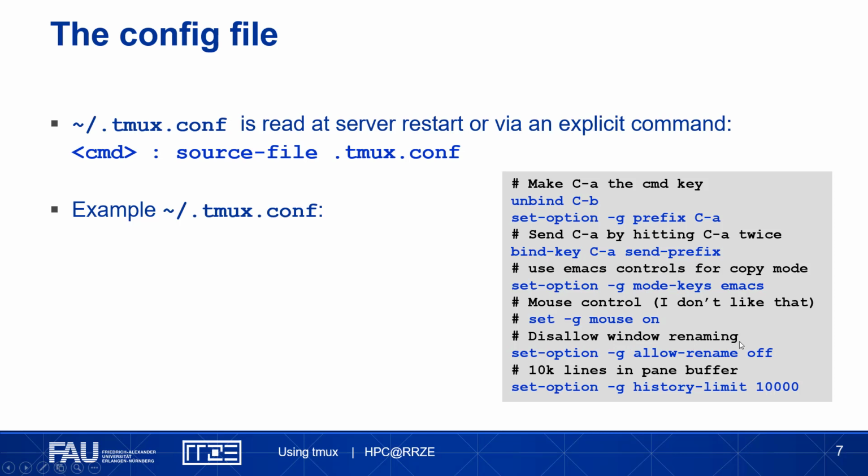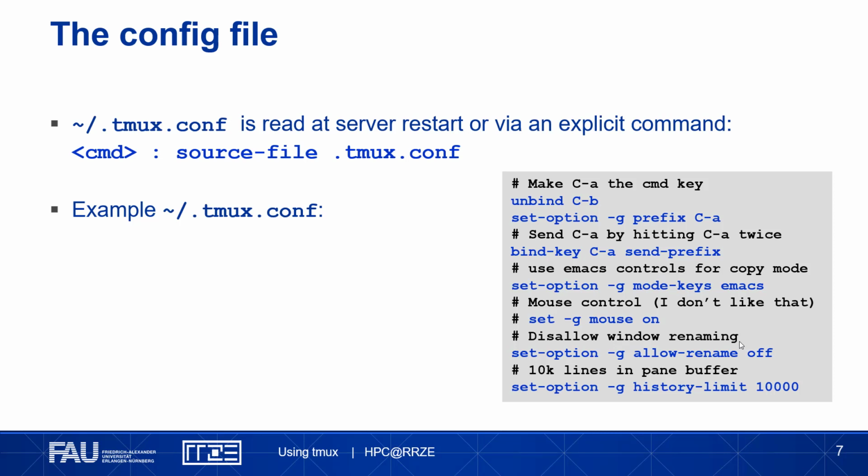Window renaming is something of a nuisance if it's enabled. By default, if you don't give it any extra option, the name of a window will be renamed to the process that's currently running. So for example, if you don't rename it explicitly, then a new window will always be called bash. If you type an SSH command within the bash, then the window will be renamed ssh.